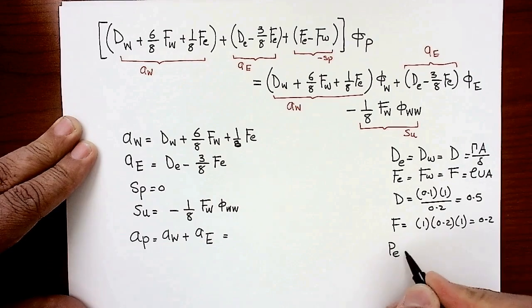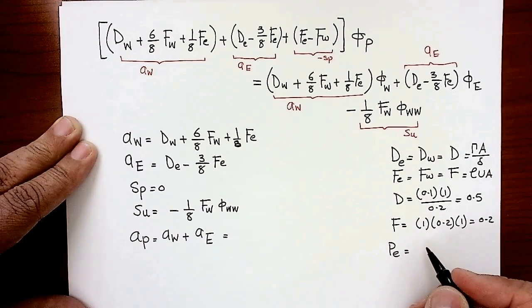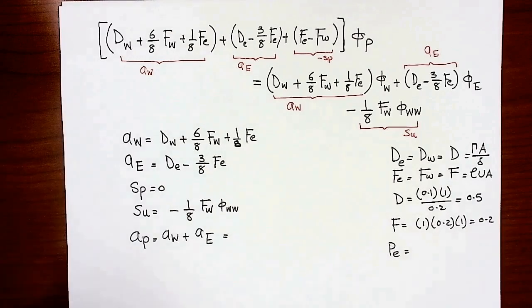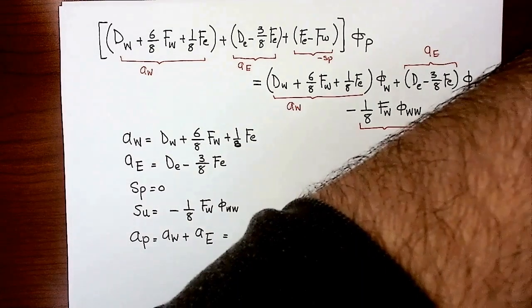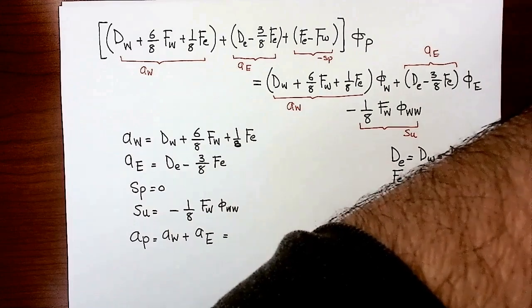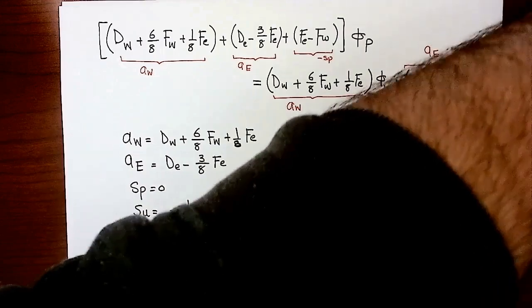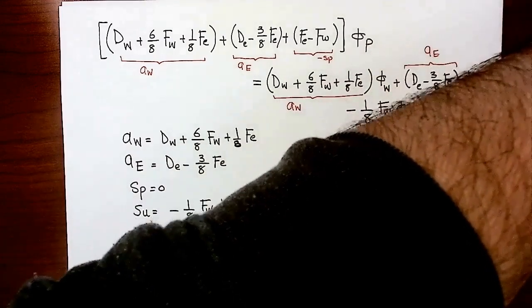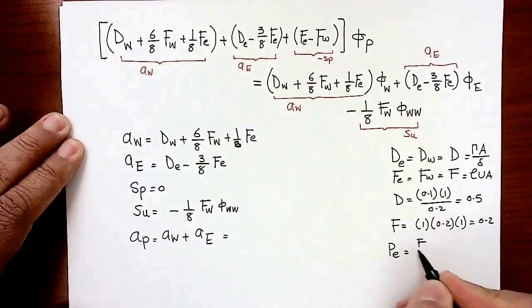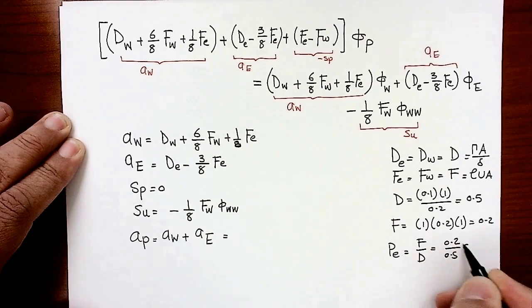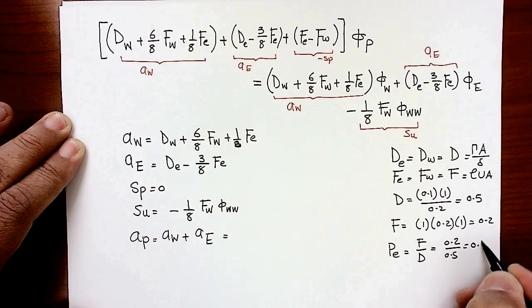Just in case, we can calculate the Peclet number, which is F over D, right? That's what we covered last time. So we have 0.2 divided by 0.5, which is 2 over 5, that's 0.4.